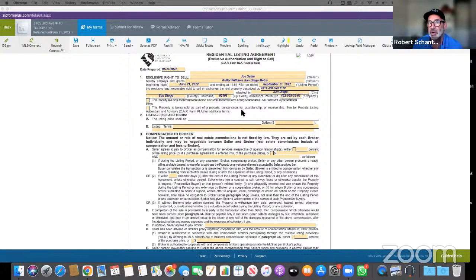So nuances, if you take a mobile home listing, reach out for guidance so that you can get the proper guidance. And then this box here, this property is being sold as part of a probate, conservatorship, guardianship, or receivership. C for probate listing addendum and CAR advisory PLA for additional terms. If I check that box because it's a probate sale, then it would incorporate other forms within the listing agreement.